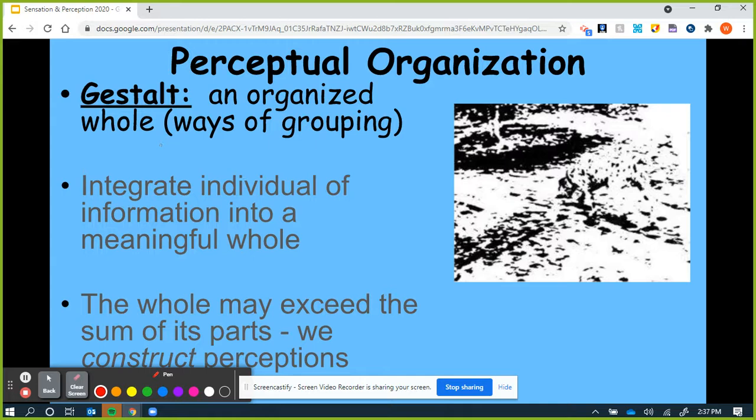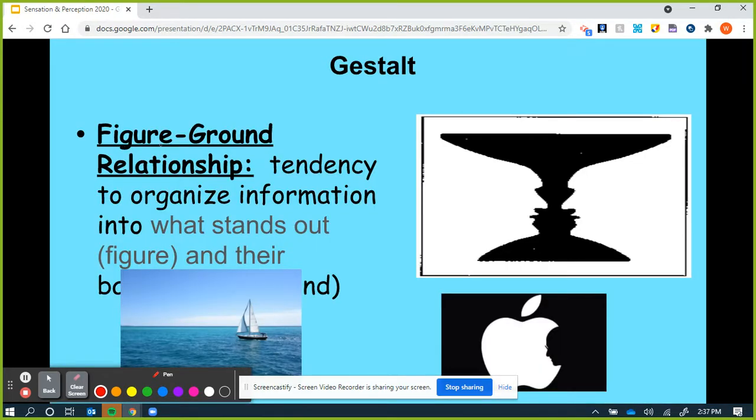Gestalt psychology has what are called different grouping principles. One of the main ones you need to know with Gestalt, they actually like using this on FRQs, is figure-ground perception. Figure-ground perception is literally just how we organize things based off of what we are looking at or what we are listening to, versus the background of it.